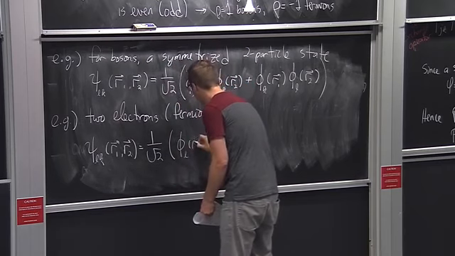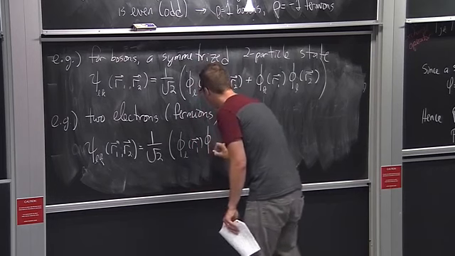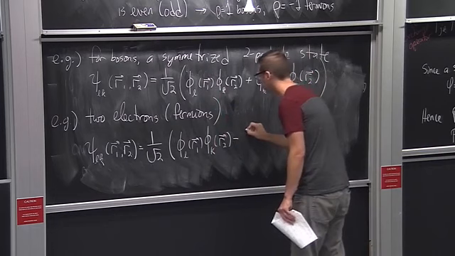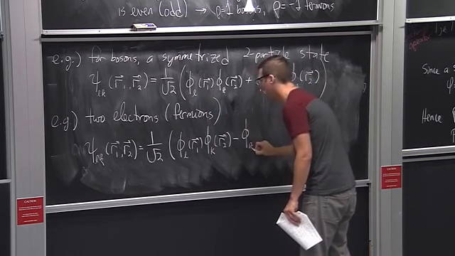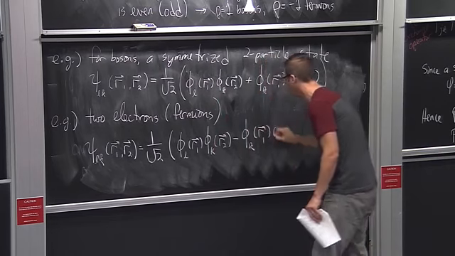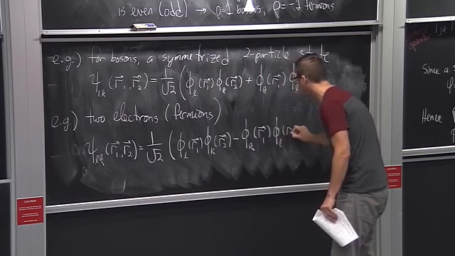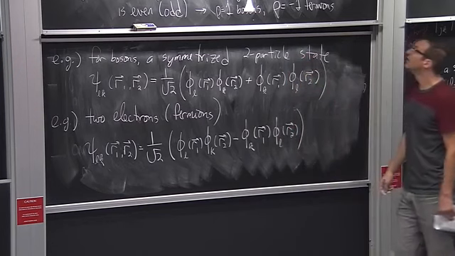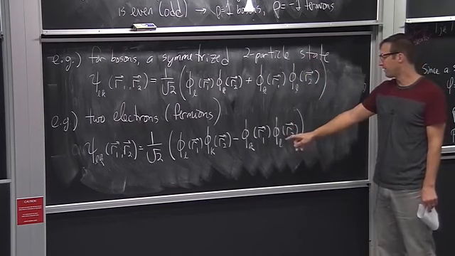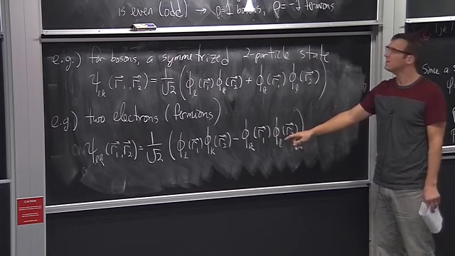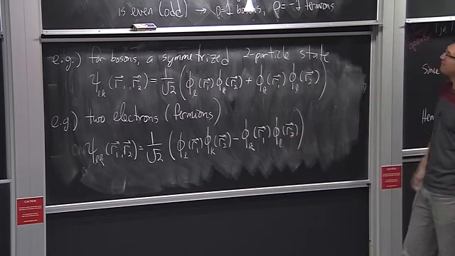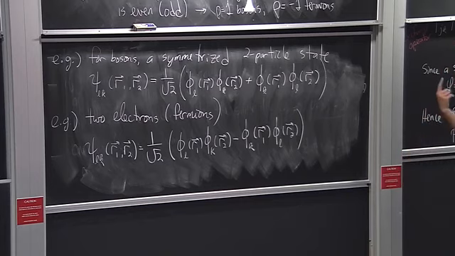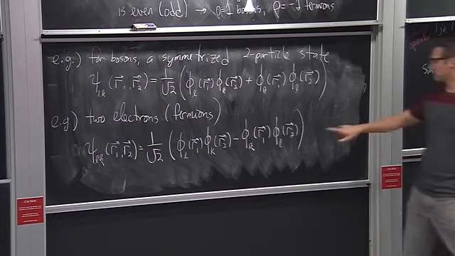I want L, R1, K, R2, minus K, R1, L, R2, because the rho in front of the second term is -1, because it takes an odd number, which is 1, permutation to bring this back into its original form.